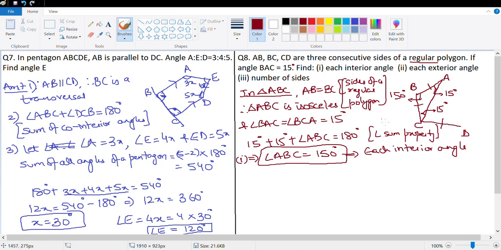Next, each exterior angle. Let's draw an exterior angle here. Let's say we are moving from here to here. We know that this angle and this angle will make 180 degrees. Why? Because this is a linear pair.